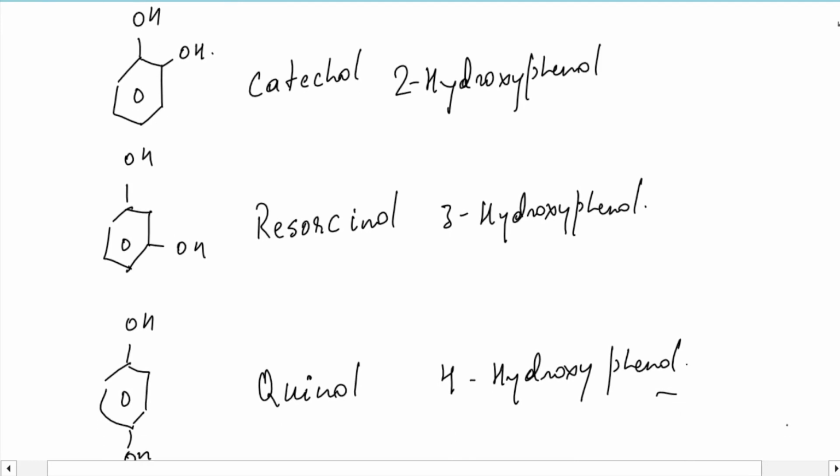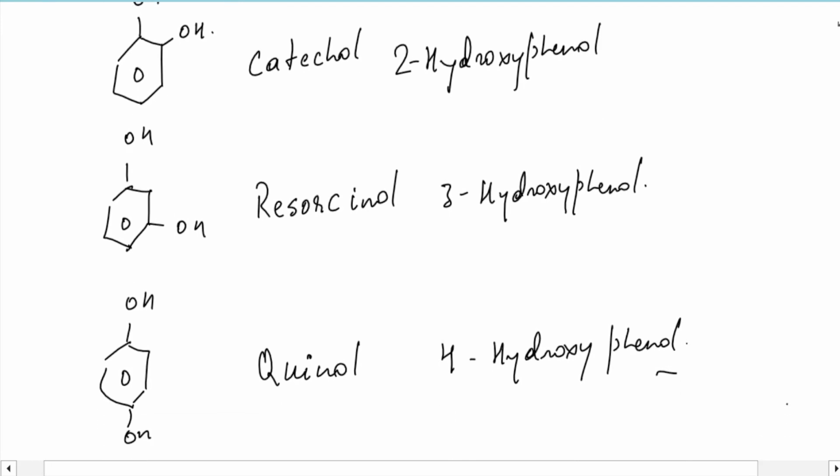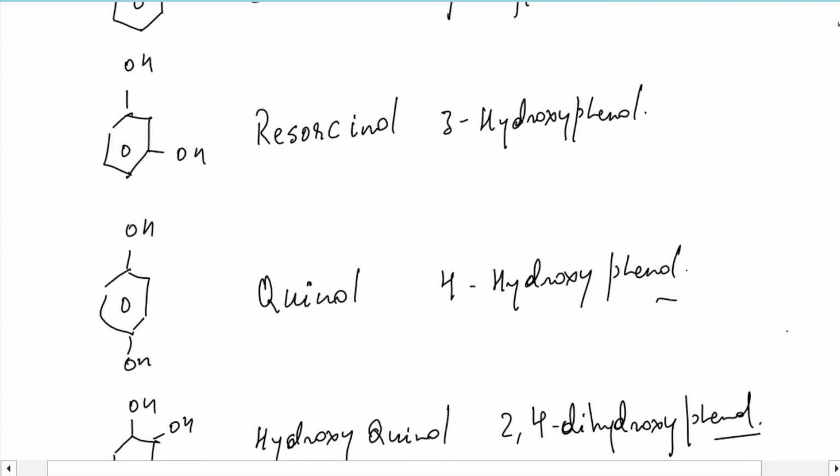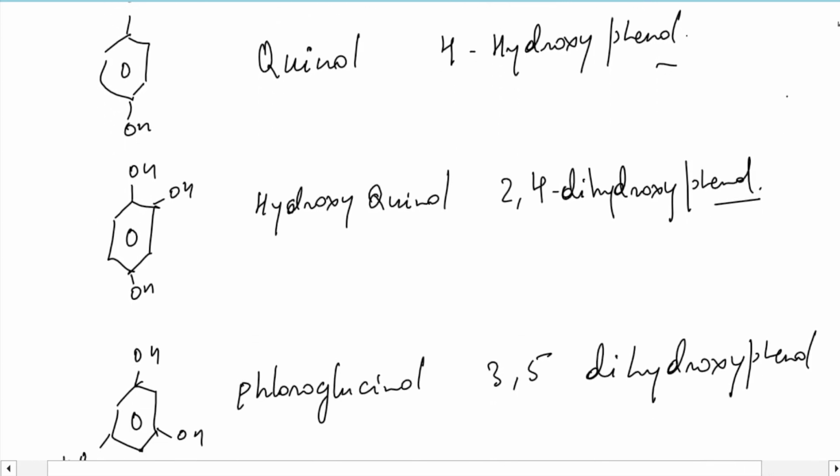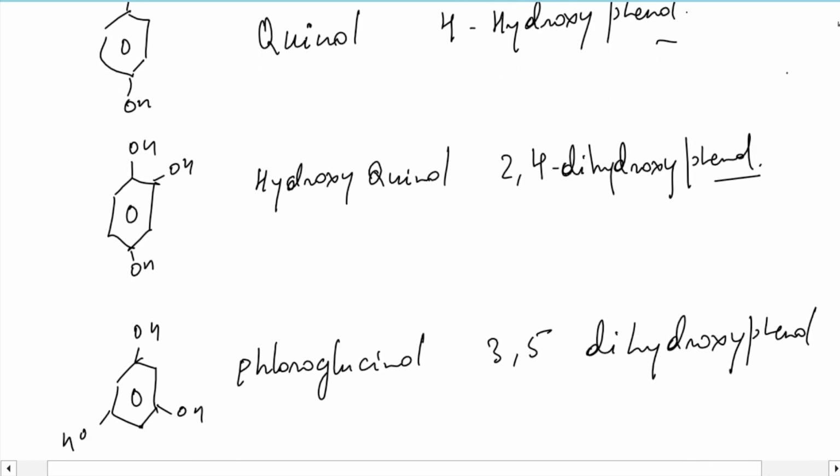Next to this is quinol, 4-hydroxyphenol or 1,4-dihydroxybenzene. Next to this is hydroxyquinol, that's 2,4-dihydroxyphenol, or you can name it as 1,2,4-trihydroxybenzene. Next to this is phloroglucinol, that's 1,3,5-trihydroxybenzene or 3,5-dihydroxyphenol.